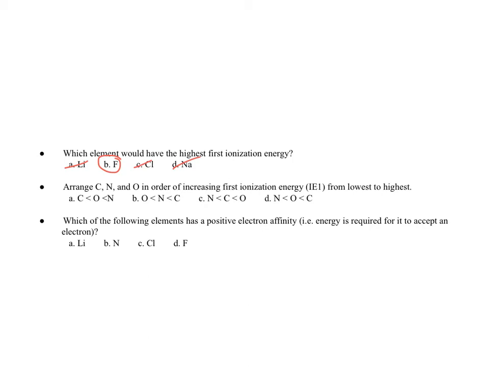Arranging carbon, nitrogen, oxygen in order of increasing first ionization energies. And so which one has the highest, carbon, oxygen, or nitrogen? And one of the things that we saw was that blip. You remember the blip, right? So when we went from nitrogen to oxygen, oxygen actually had a lower ionization energy.